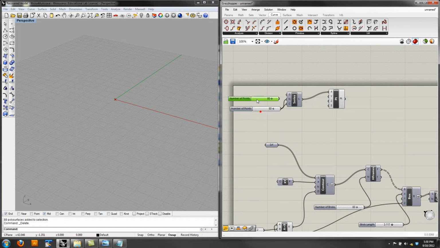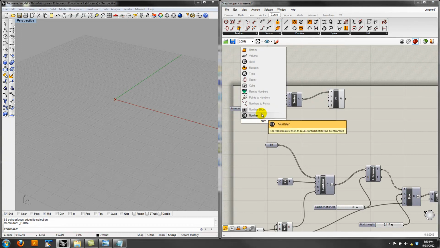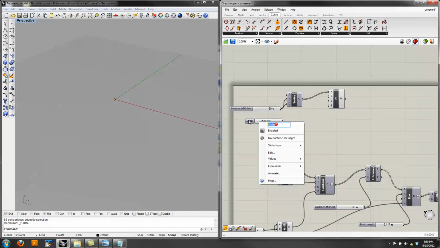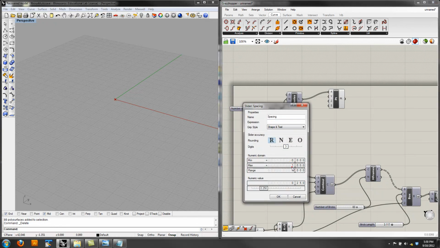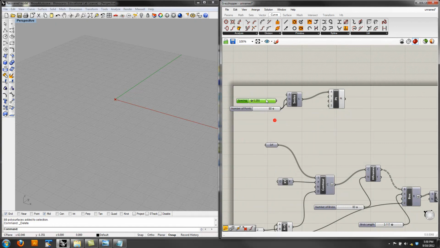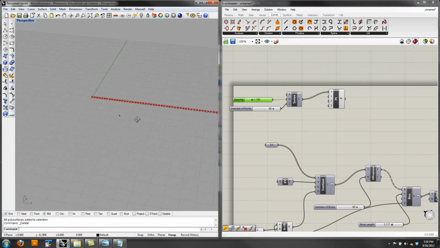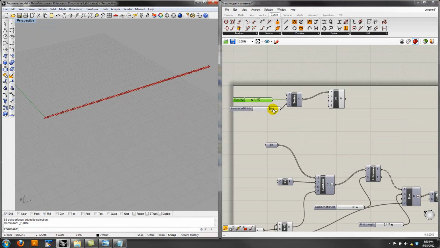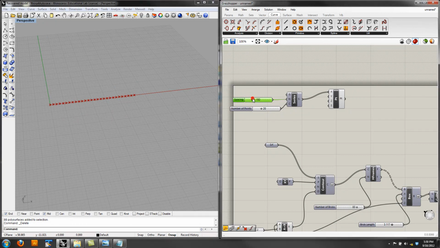And let's say number slider. And this one's going to be spacing. And the values are going to be 0 to 5. Okay, so I have lots of points. I don't really need that many points. And some pretty decent spacing between them.